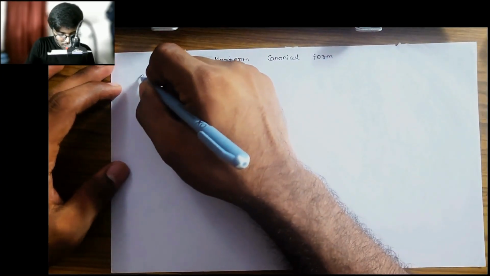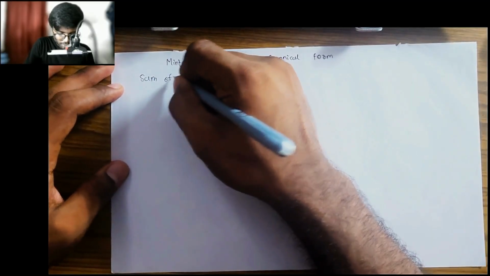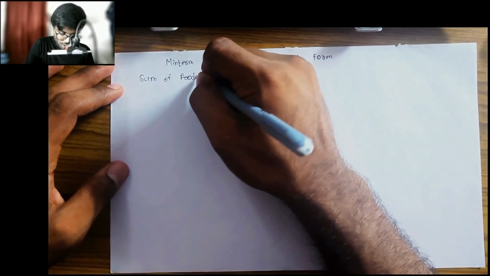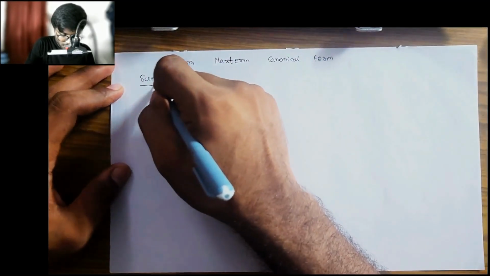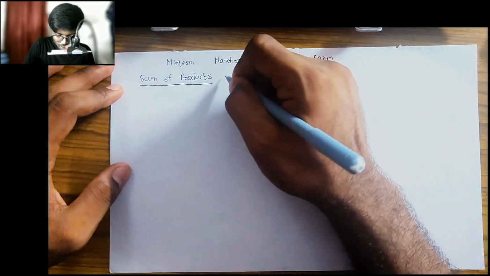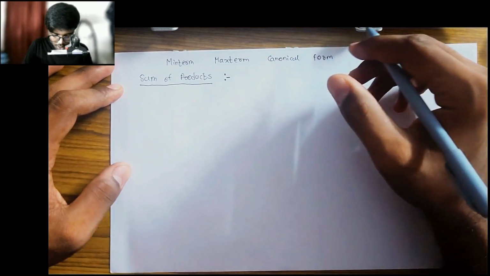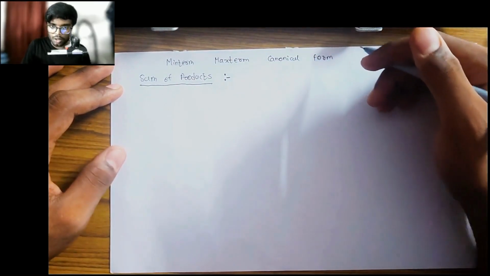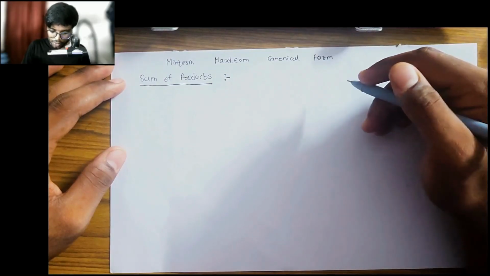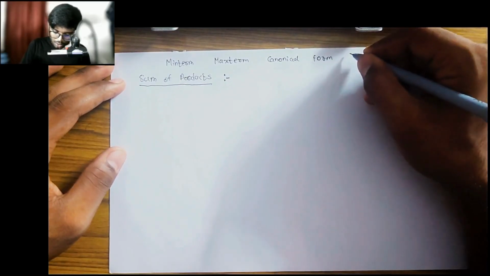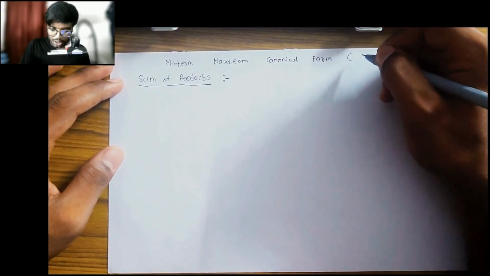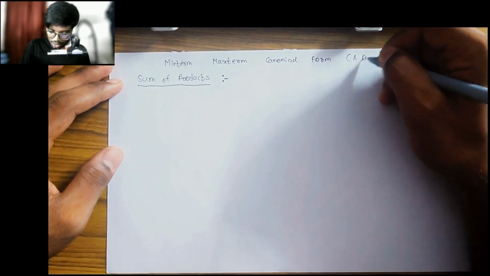So let me start with sum of products. As the name states, the Boolean expression is comprised of a sum of many products of many variables, that is, an OR form of many ANDs. For the entire explanation, I will be taking 3 variables, let us say A, B and C.